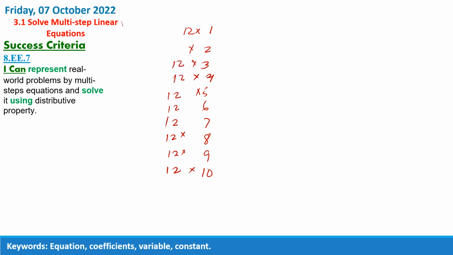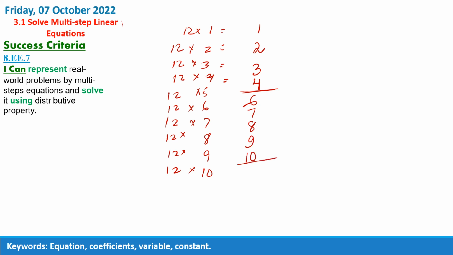So, no need to worry about the table of 12. Remember, start with 1, then write 2, 3, 4. But after the 4, don't write the 5, write the 6, then 7, then 8, then 9, then 10 only.